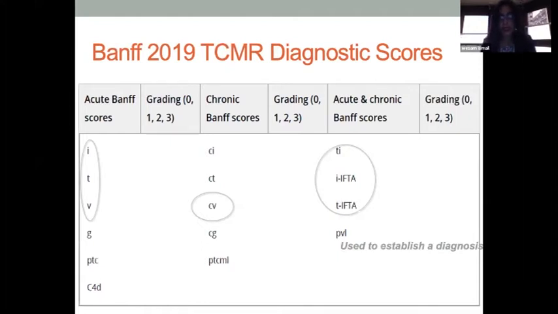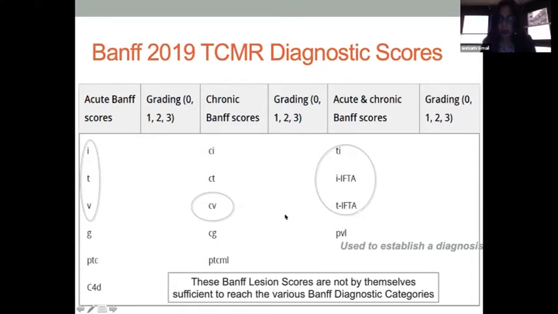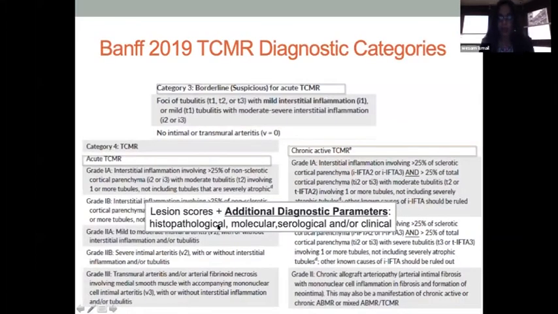And as I said, these scores are used to establish diagnoses, but they are not sufficient to reach the various Banff diagnostic categories. You need the lesion scores and additional diagnostic parameters. Other histopathological changes which are present in the biopsy, if you have access to molecular changes, you need the serology and/or the clinical data which is present.